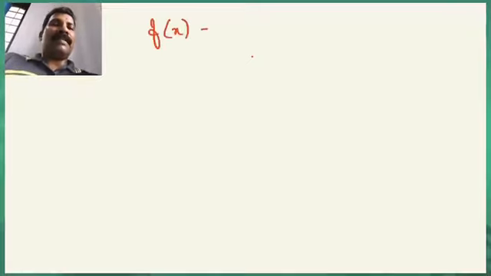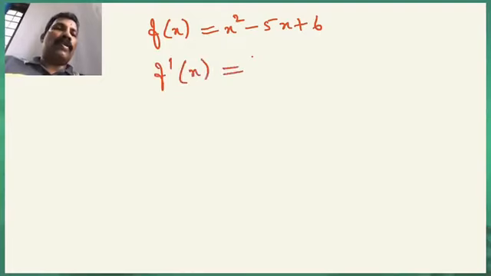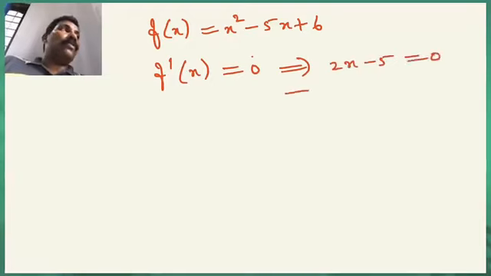But here the things can be made much simpler when we apply the second derivative test. For that, what we have to do? For example, consider the same function f given by x squared minus 5x plus 6. For finding the critical point, we have to solve the equation f dash x equals 0, that is 2x minus 5 is equal to 0, which implies x equal to 5 by 2.